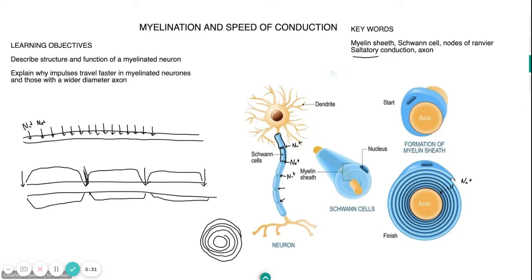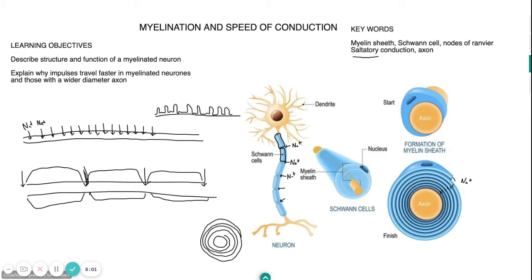So it's the appearance that the conduction of the impulse, rather than being one long flowing, like this one here, flowing from one to the next, it appears to be jumping. So this one, if you were to read the electrical activity, you'd see action potentials happen all along it.